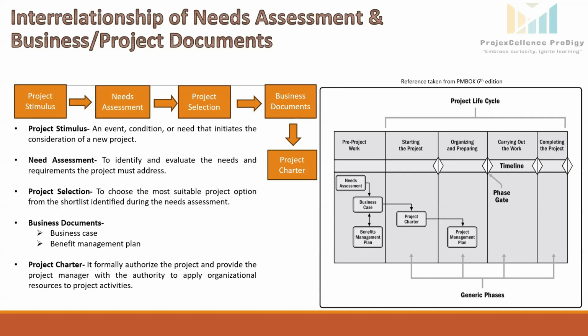And it will have the detailed cost benefit analysis, financial projections showing a strong return on investment from the solar power plant, and the risks that can occur and the mitigation strategy. So this business case will contain all this information.